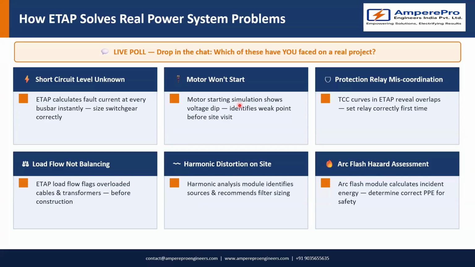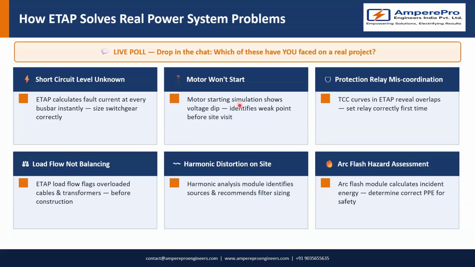ETAP will give you this information by clicking a single button. You can do projects in real time, validate them, and give error-free engineering reports and calculations. That's what ETAP does.